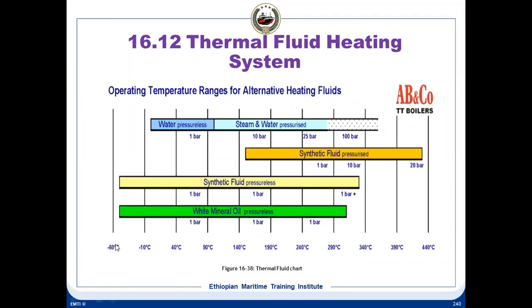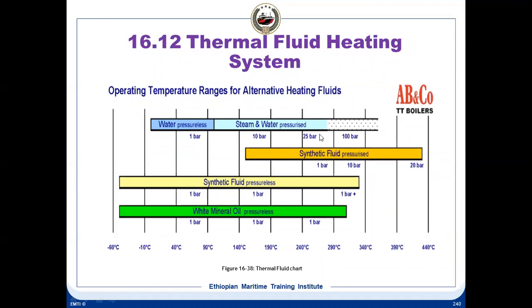If you see this graph, this is your temperature graph, and here they have written the pressures. So thermal oil can be close to say 400 degrees centigrade, but the pressure will only need to be 20 bar.